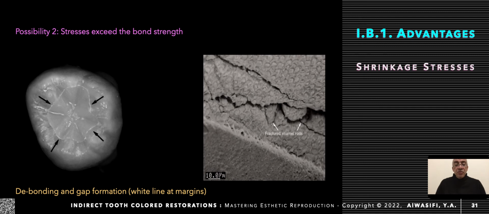In this situation, you should remove this composite. Already you have a gap that could be noticed as a white line immediately when you are finishing your composite. You should repeat your composite, restore your tooth, and follow the instructions for the bonding agents, because this denotes that your bonding is questionable.